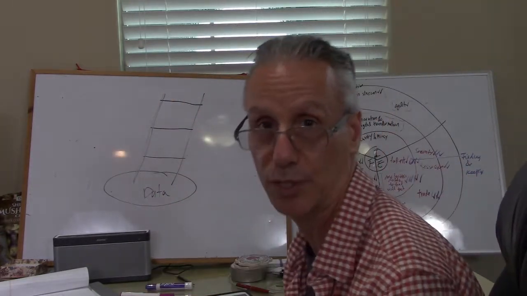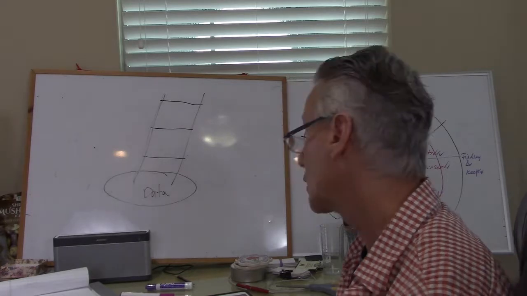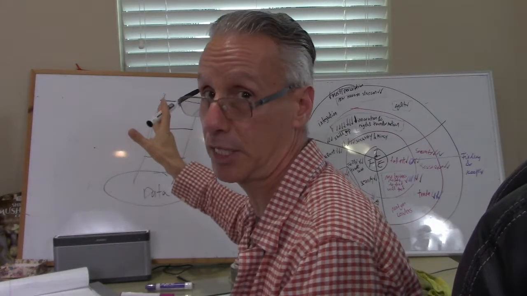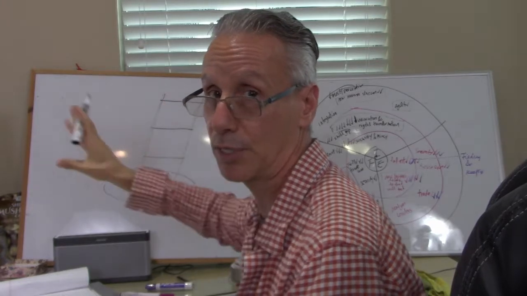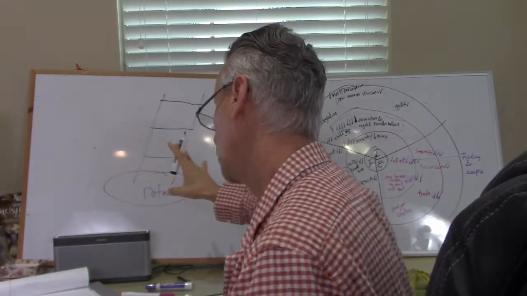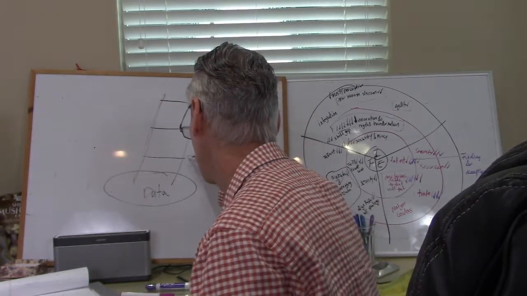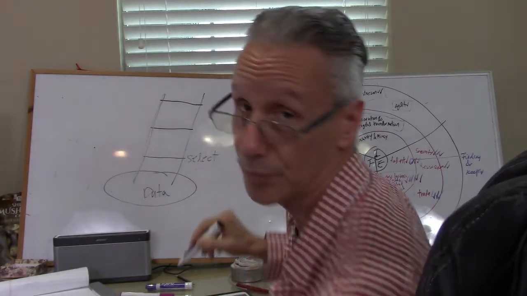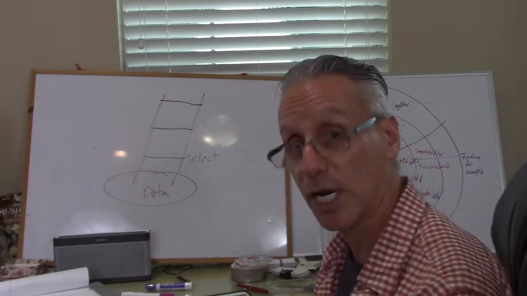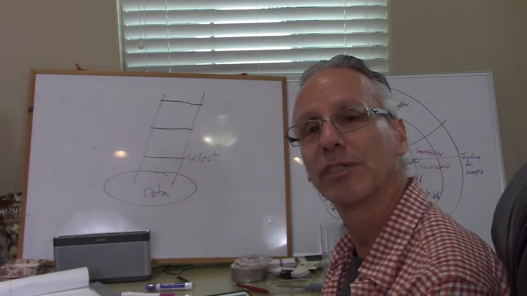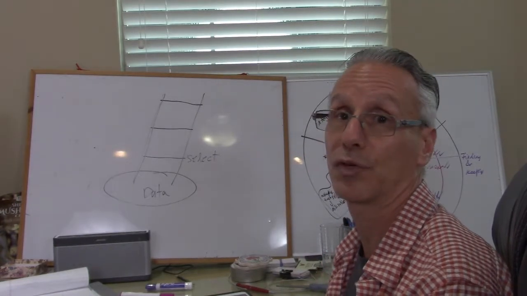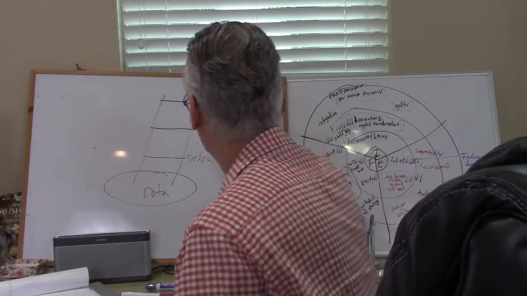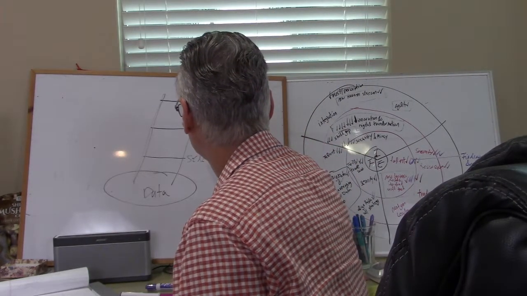I think it's enough to understand the concept. So you have tons of data in front of you. The first thing that you're doing, whether it's a group or a person, is you select the data that you prefer to use. You can't use all the data, so you subjectively select the data that you feel is a good fit for you. After you select the data, you do interpretation of the data.